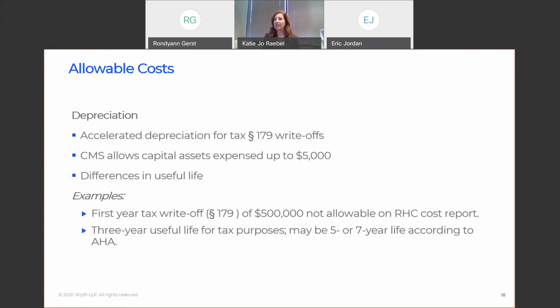So useful lives can differ between tax and cost reporting. We may have, again, a different write-off policy for our cost reports. So typically on the cost reports that I work on, most rural health clinics write off $5,000.